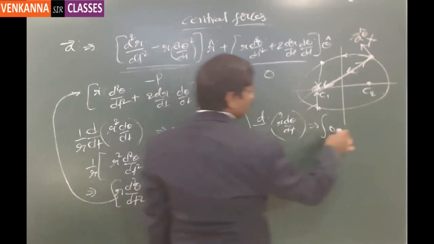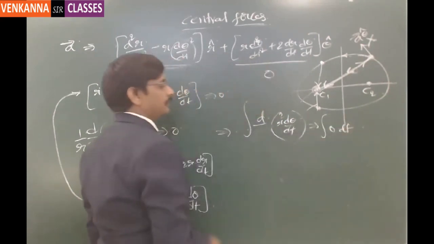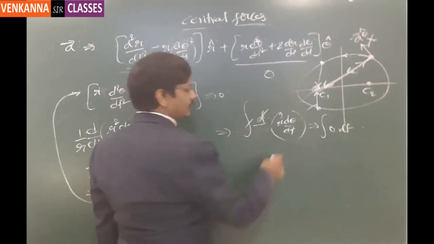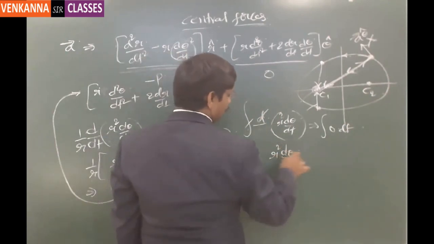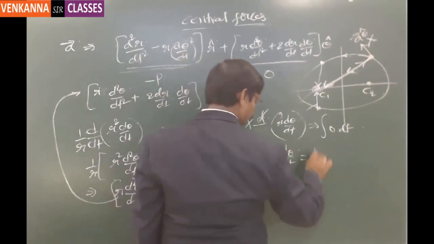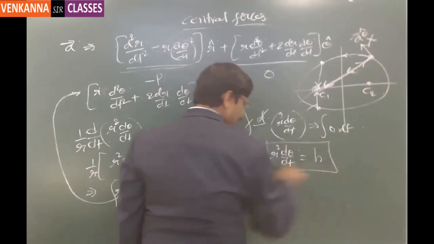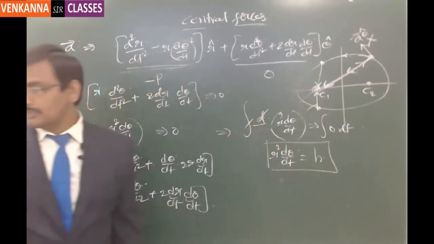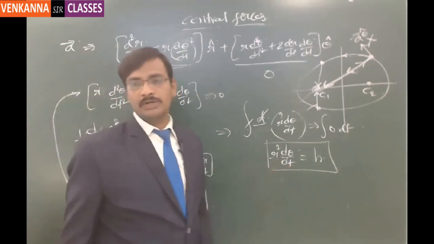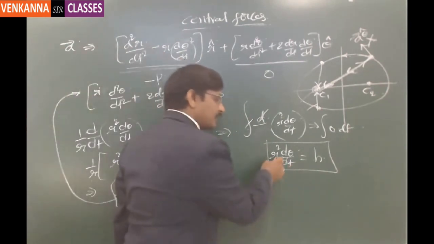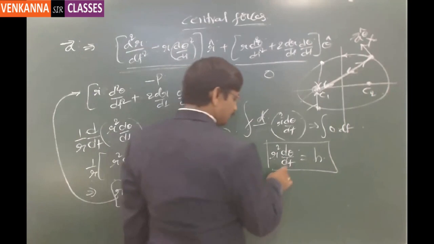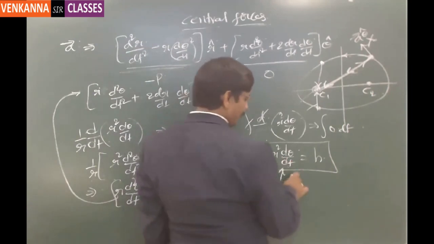If you take this dt to the other side and integrate, the d and integral will cancel out, and r square d theta by dt is equal to a constant. Let us say this constant is h. So this is one very, very important conclusion here. And the left side, if you notice, is the expression of the angular momentum.